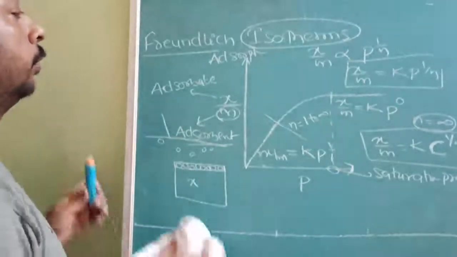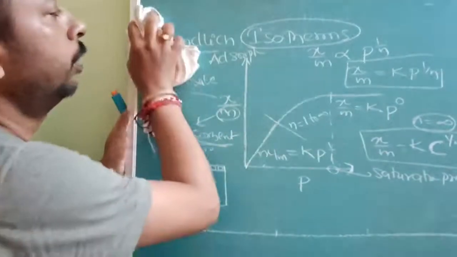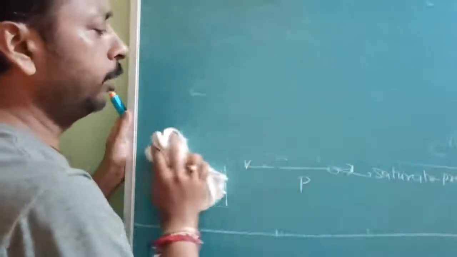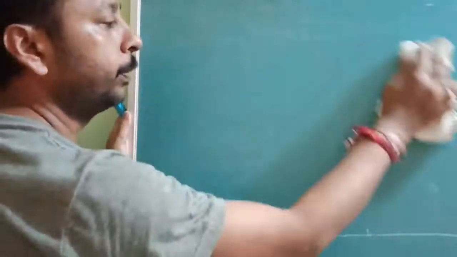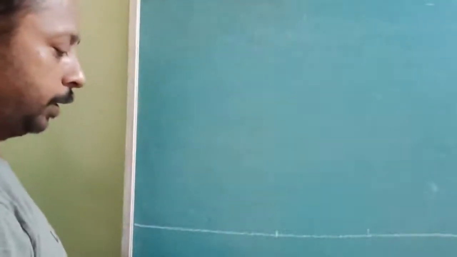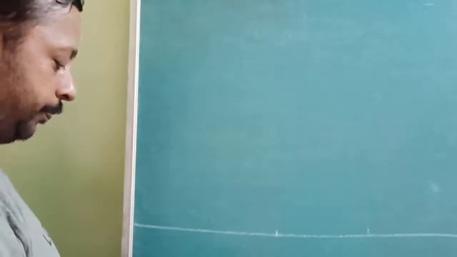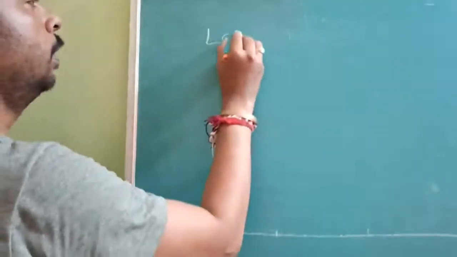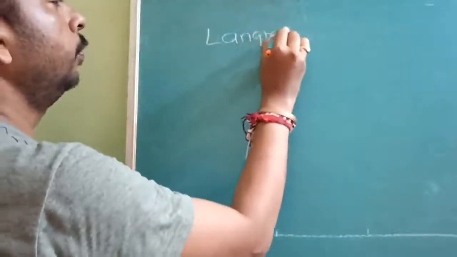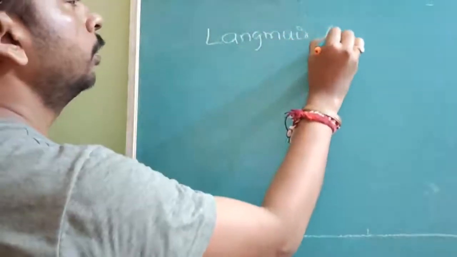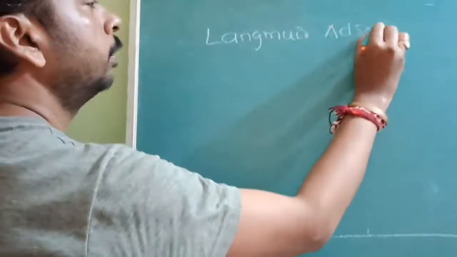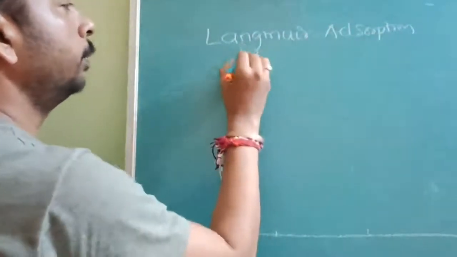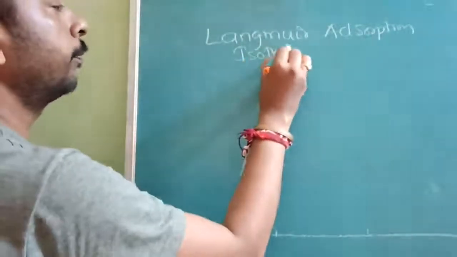Now one more adsorption isotherm is there, that is called the Langmuir adsorption isotherm. The second one is the Langmuir adsorption isotherm.